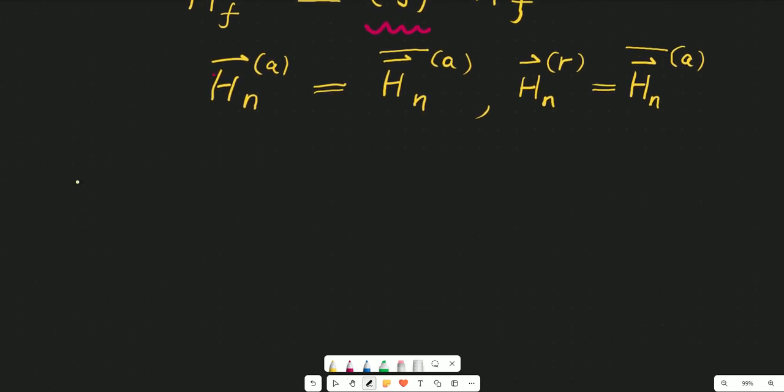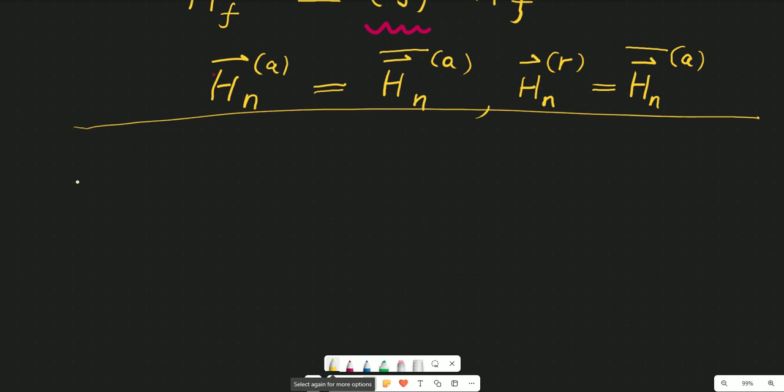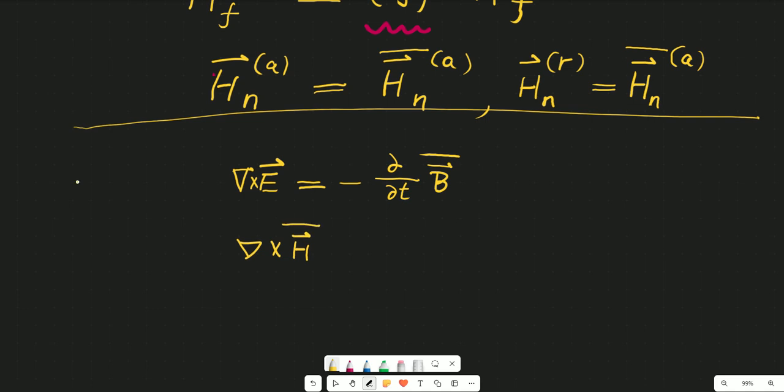So I have rewritten the Maxwell equation. The correct formula is this.